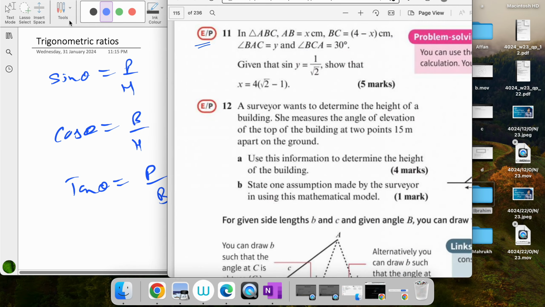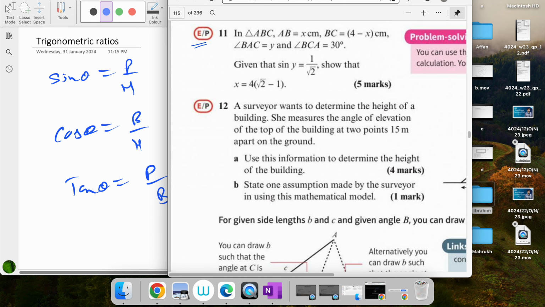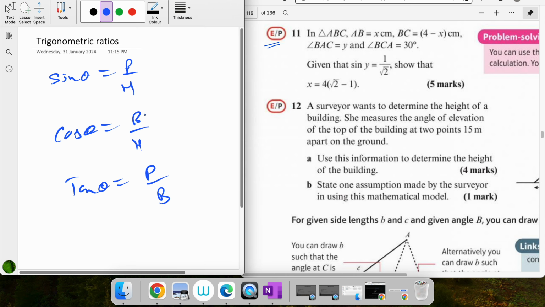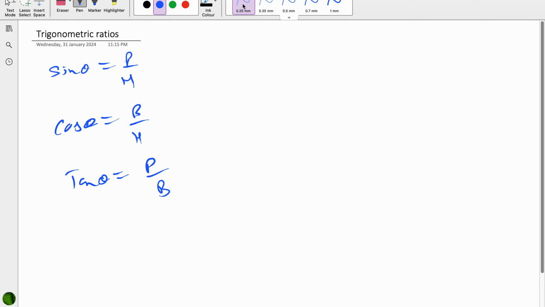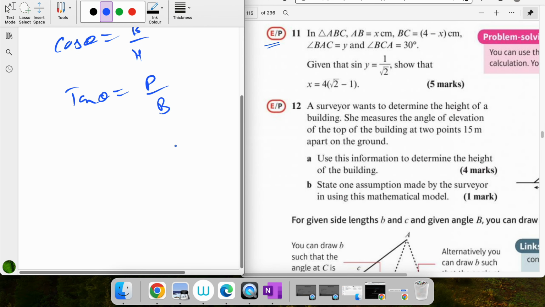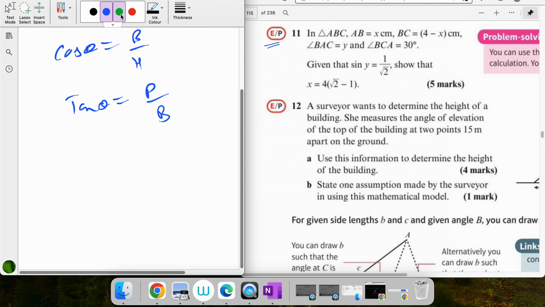So let me sketch this triangle quickly. A rough sketch, A, B, C. It could be anything, isosceles, scalene, or equilateral.